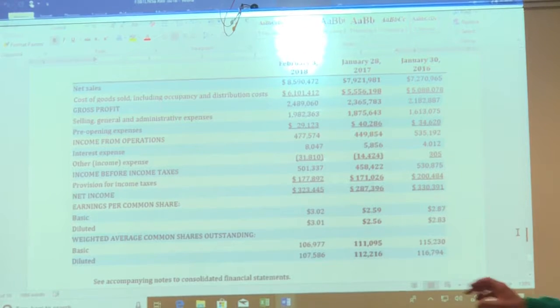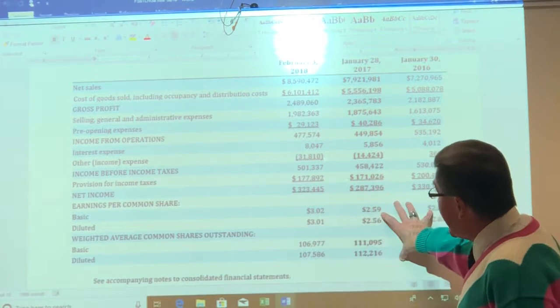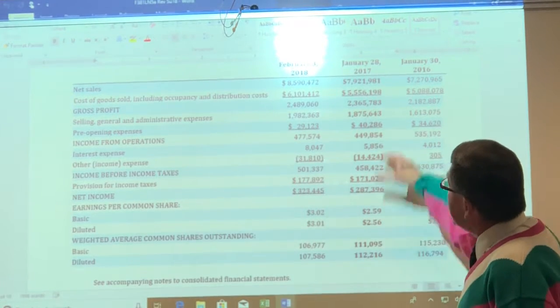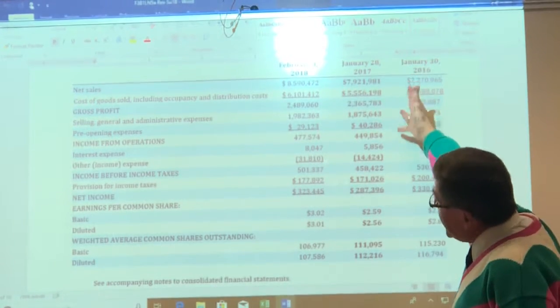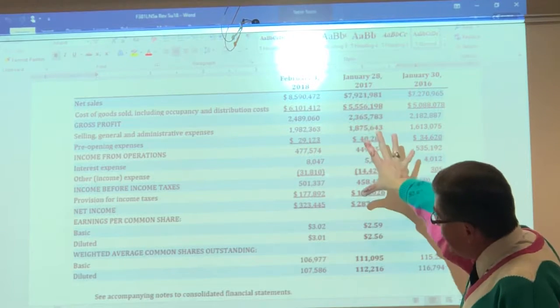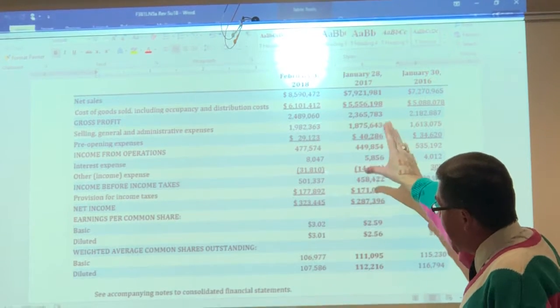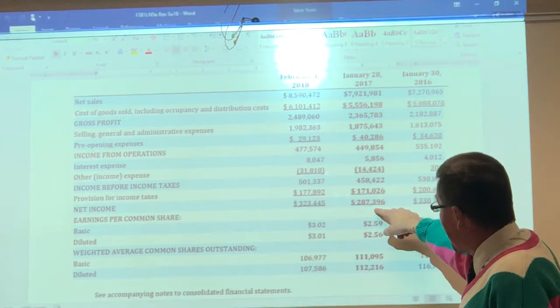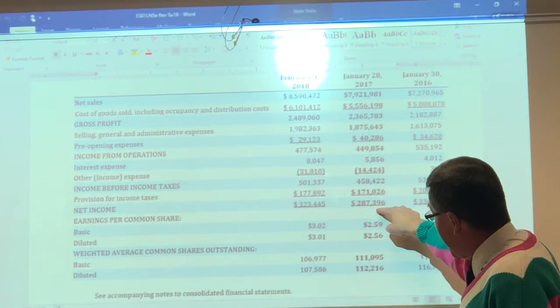Now, for most companies, this is the way the bottom of their income statement is going to look. It's going to go through sales, subtracting out the cost, interest expense, provision for taxes, etc. And that brings us to this net income number that we're using in the numerator.